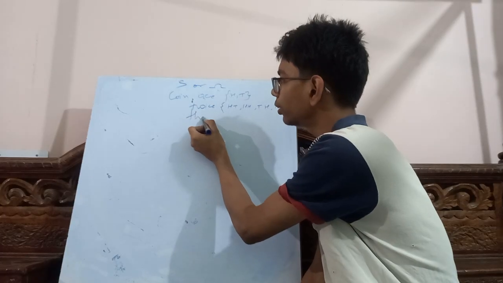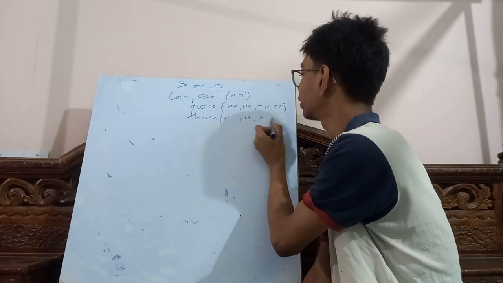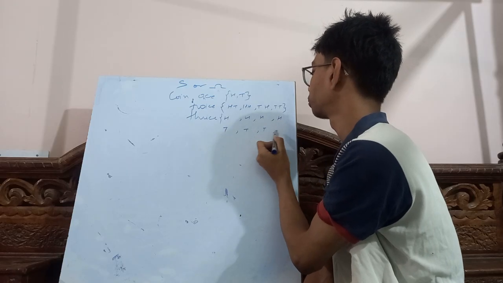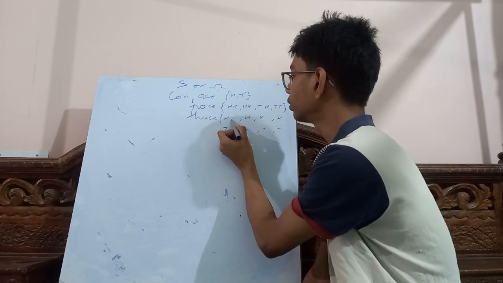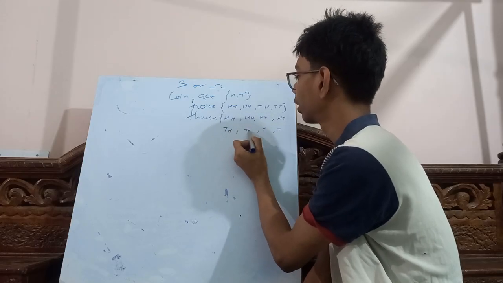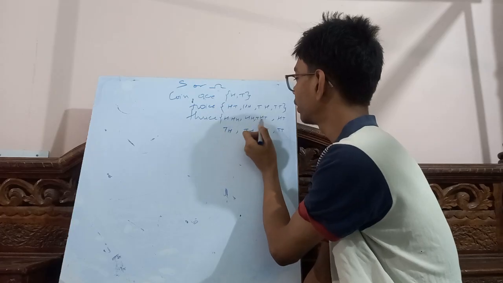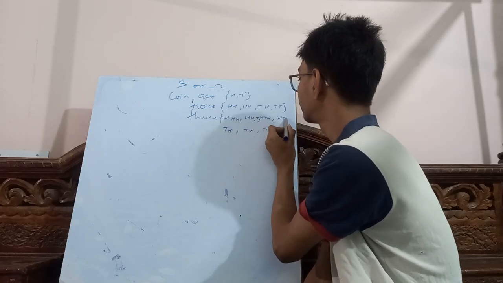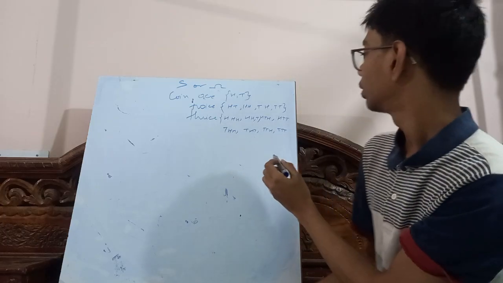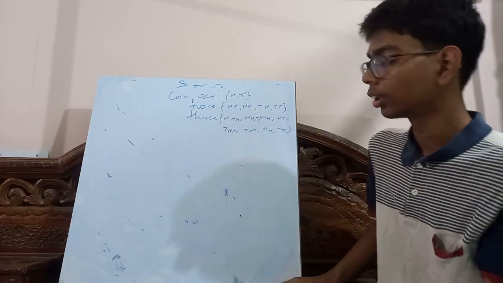Suppose I am throwing the coin thrice, then we get eight outcomes, head and tail combinations. None of them will be repeated as you can see.